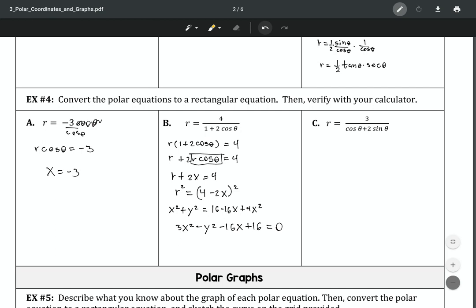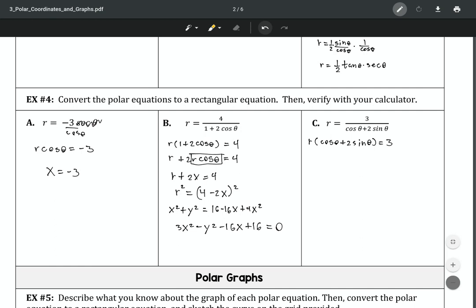So let's see what else we have here. Okay, on example 4C, I'm going to multiply both sides by the denominator again. Let's see that I did it the same way over here. I did. Okay. So I have r cosine theta plus 2 sine theta is equal to 3.